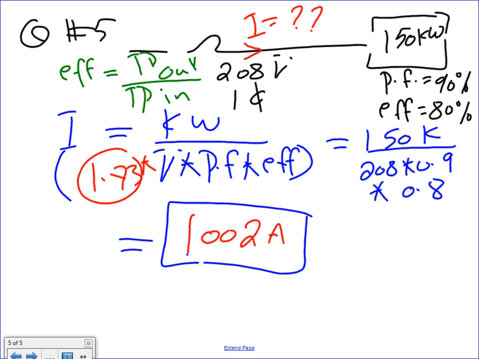Any question, guys? 1,002 amps. If I ask you tomorrow, or on Monday, for a three-phase system, the only difference is what do you do here? 1.73. It's really the voltage, but it ends up affecting the whole thing.